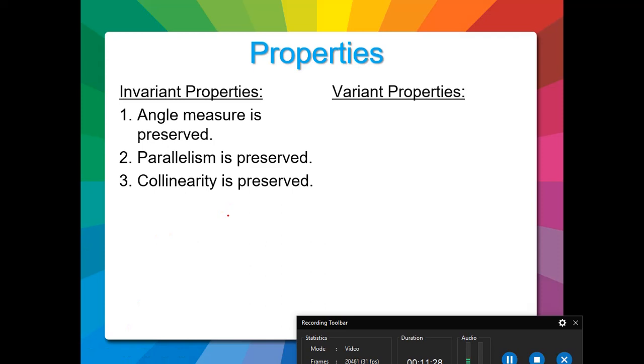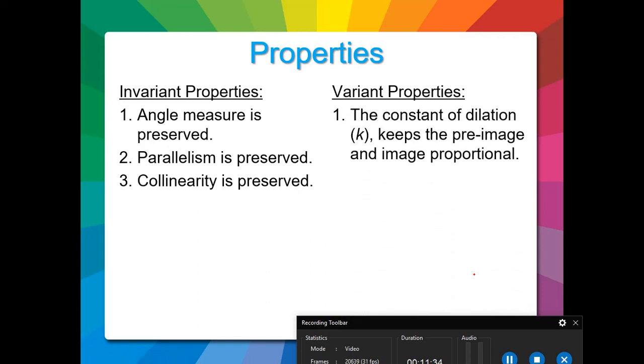Now, we also have variant properties, things that did change when we dilated the figure. First of all, the size was not the same, so the constant of dilation, or the scale factor K, will keep the pre-image and the image in proportion. Remember, we can go around from the left side of each figure to the top side to the right side.